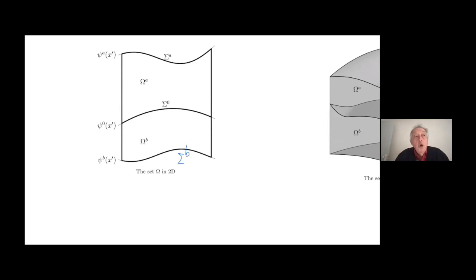Robin is in some sense close to Neumann, except when the coefficient matters. Let me write: du epsilon over dn epsilon plus k epsilon u epsilon equals 0, for example, or g epsilon, on the boundary of omega epsilon.